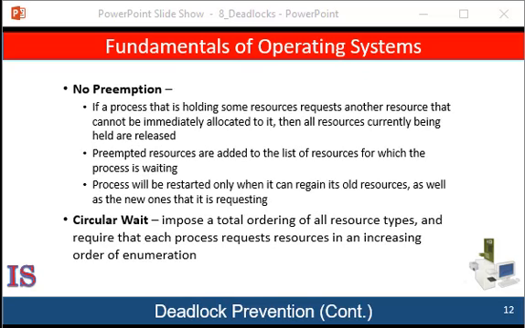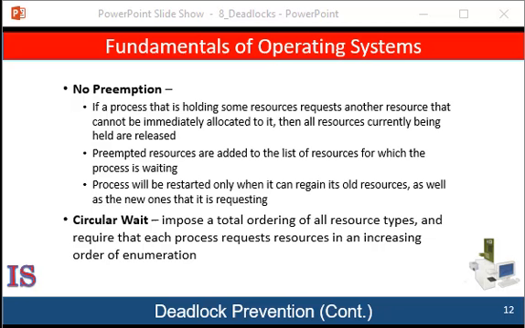The third necessary condition for deadlocks is that there be no preemption of resources that have already been allocated. To ensure that this condition does not hold, we can use the following protocol. If a process is holding some resources and requests another resource that cannot be immediately allocated to it, that is, the process must wait, then all resources the process is currently holding are preempted.